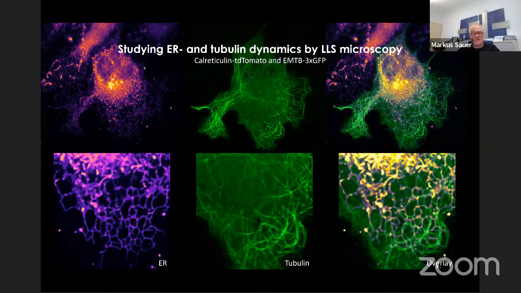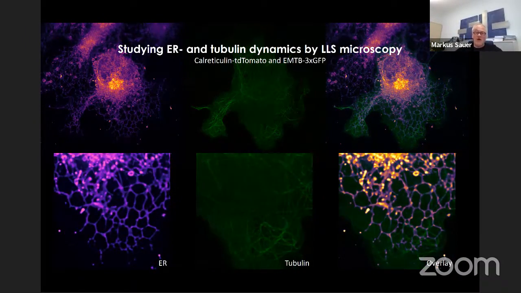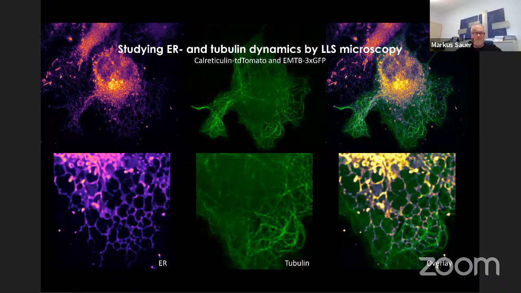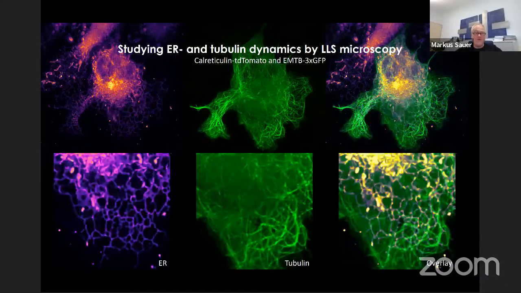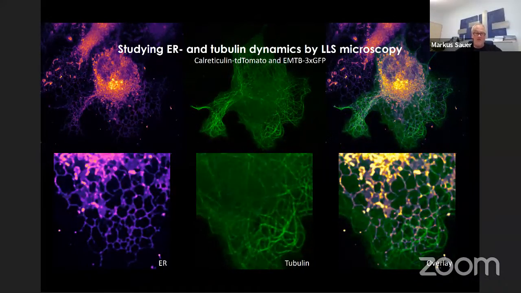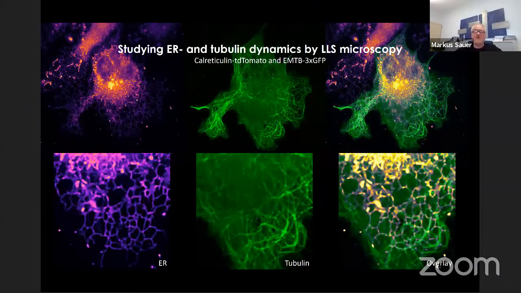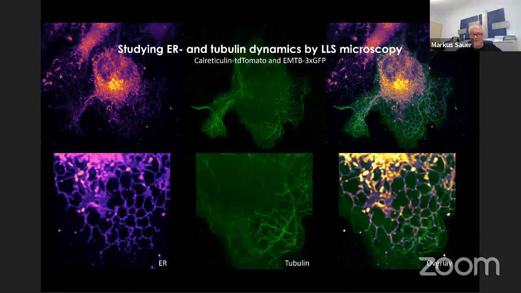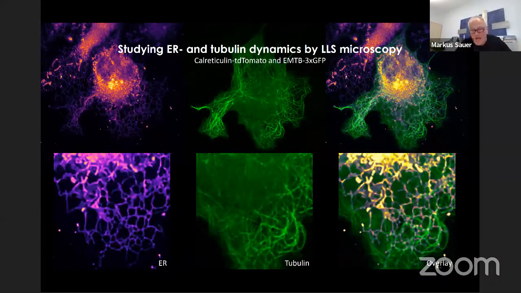And this is just to demonstrate that this is, of course, ideally suited to do live cell experiments, imaging ER dynamics and tubulin dynamics. If you have listened to the talk of Jennifer a few months ago, I'm sure you have seen much better videos of these dynamics and the interactions between ER and tubulin.